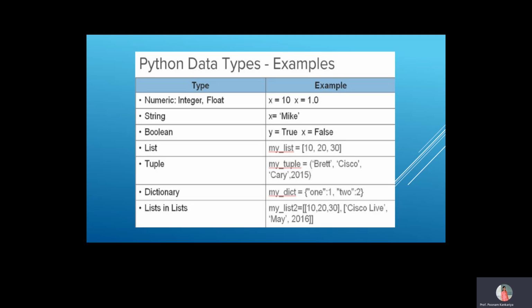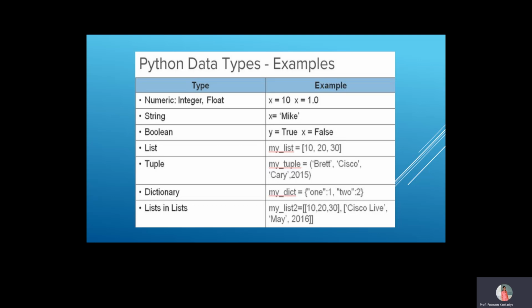In Python we can write a string in double quotes or single quotes. Next, boolean is one type of Python data type. The value for the boolean data type is true or false. Here y is equal to 2 and x is equal to false. Same as the above examples of Python data types.